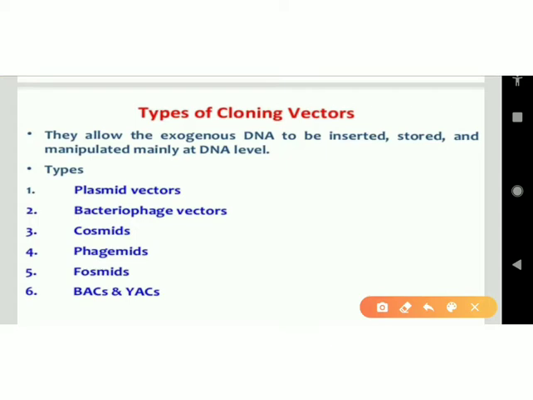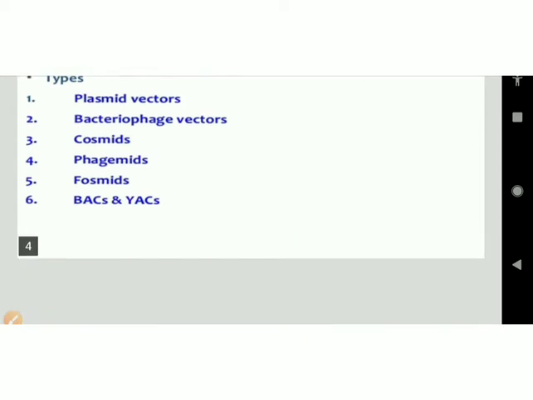The types are the plasmid vector, bacteriophage vector, cosmid, BAC, meaning bacterial artificial chromosome, and YAC, meaning yeast artificial chromosome. This is also important for the exam.